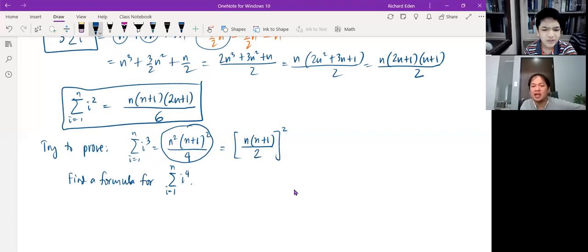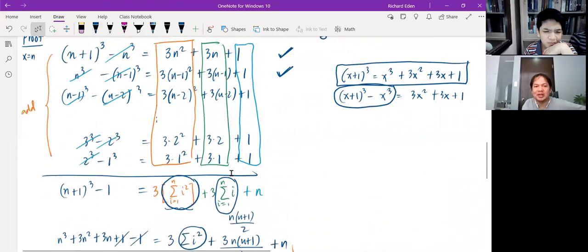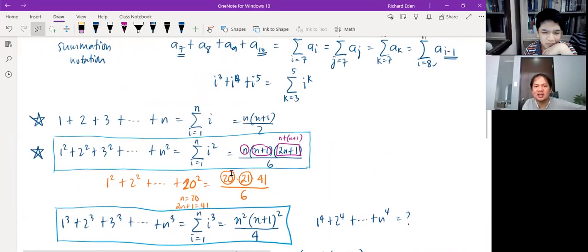No, actually, n plus 1 over 2, this is the sum of the i's. Because n plus 1 over 2, that's the first formula, the first star. So it's just 1 plus 2 plus 3 all the way to n. So we're not squaring anything yet.